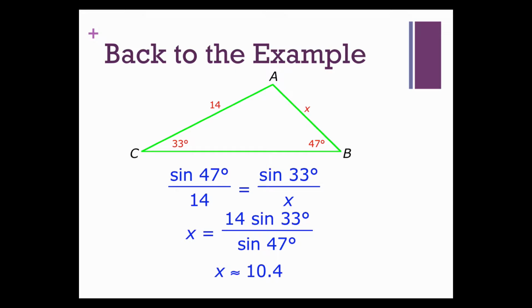You could use the triangle theorem to find angle A. And basically do the same thing to find side A. Perfect. 33 plus 47 subtracted from 180 would give you angle A. Set up your same proportion using this ratio again, sine of 47 over 14, because we want to try to avoid calculated information, and do it again, and next thing you know, we got the triangle all solved.